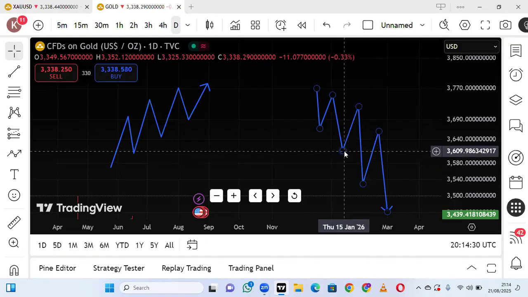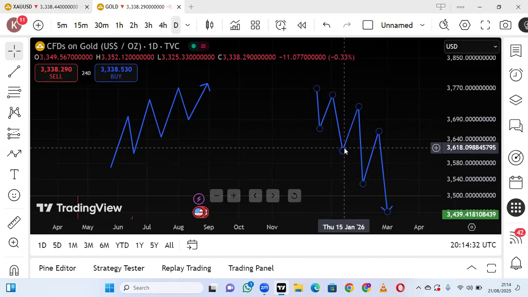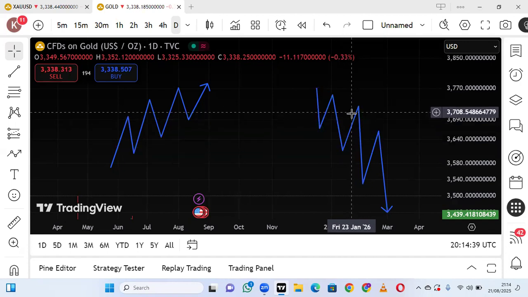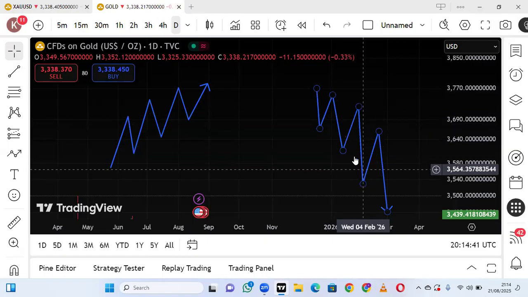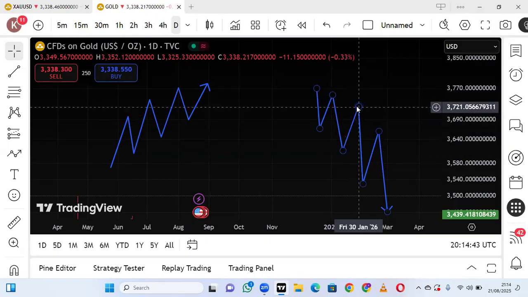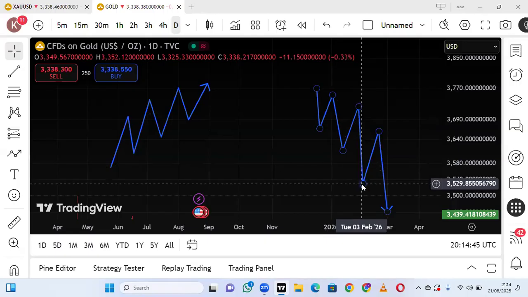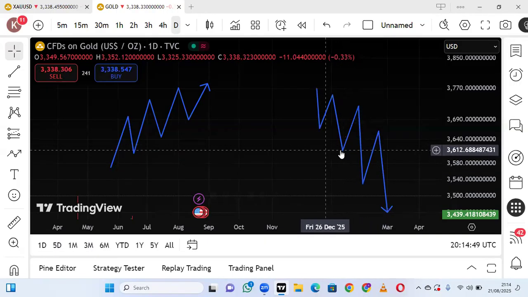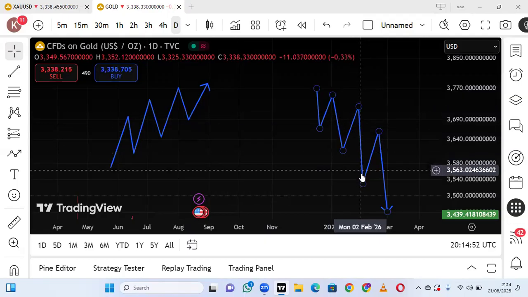The chart needs to go back to fill this space here, the internal space, in order to come back. And it's also going here to take liquidity and then come back to take this out to make sure this is not equal. It will go back and take this out.